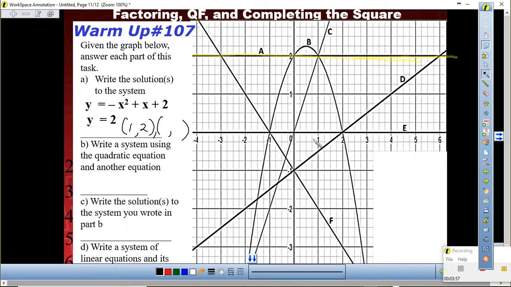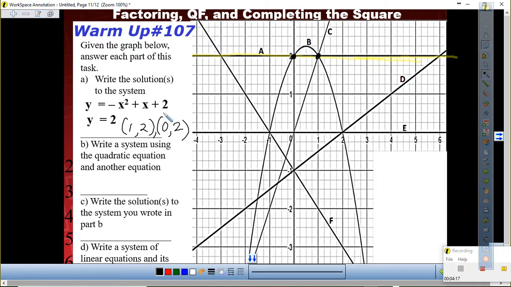Let's find out. 1, 2. Is that line intersecting the parabola at 1, 2? Yes. Pass someone. Sergio? 0, 2. Let's see. 0, 2. Is it intersecting that line at that point? Yes. Those are my solutions to that system.